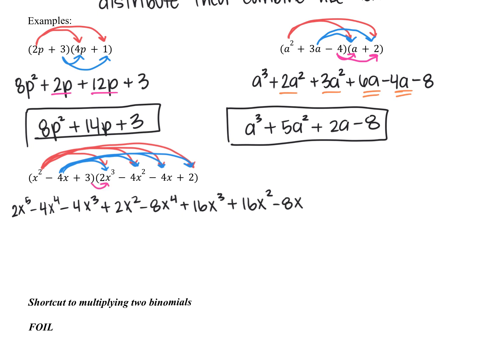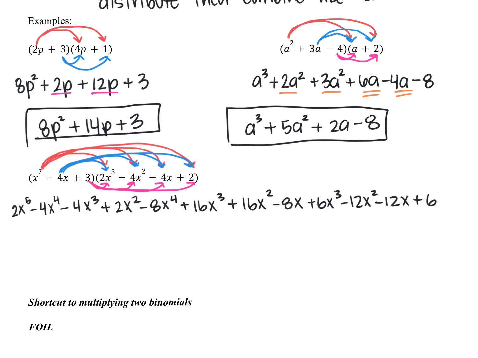Last one, I'm going to distribute 3 to everything in the second set of parentheses. So we have plus 6x cubed minus 12x squared minus 12x, and then plus 6. So there's a lot more like terms here.